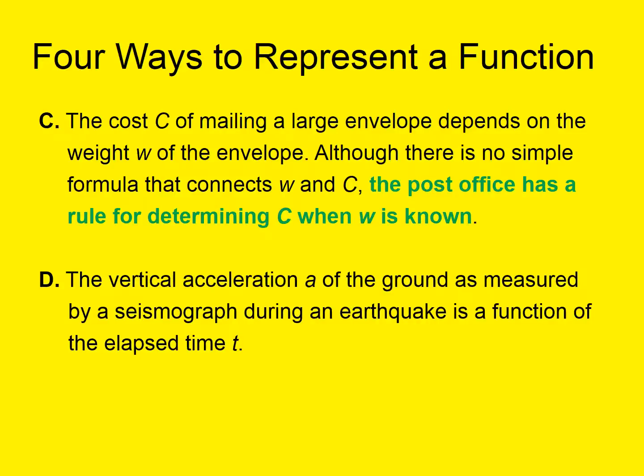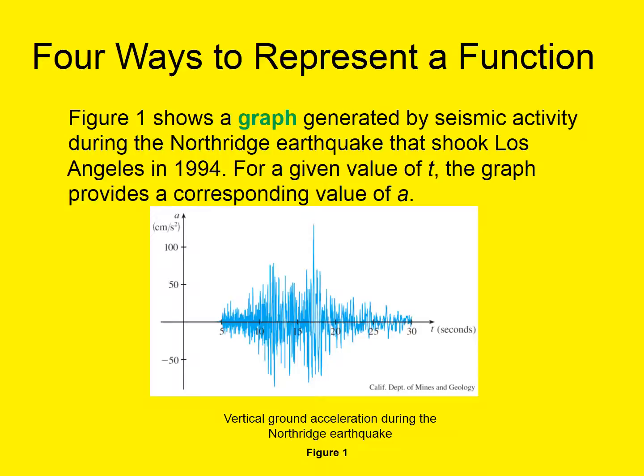The vertical acceleration A of the ground, as measured by a seismograph during an earthquake, is a function of the elapsed time T. It's a function of the elapsed time T. Here's a figure that's showing a graph generated by seismic activity during the Northridge earthquake that shook Los Angeles in 1994.